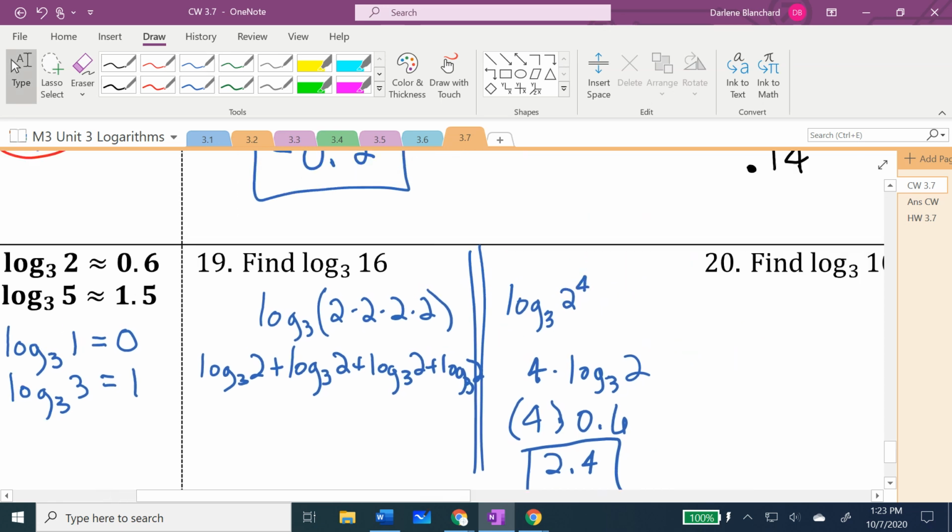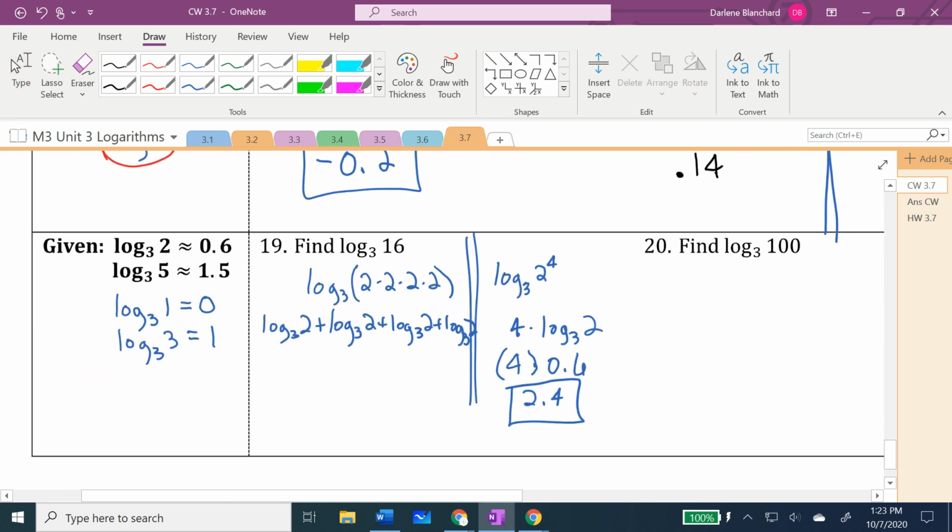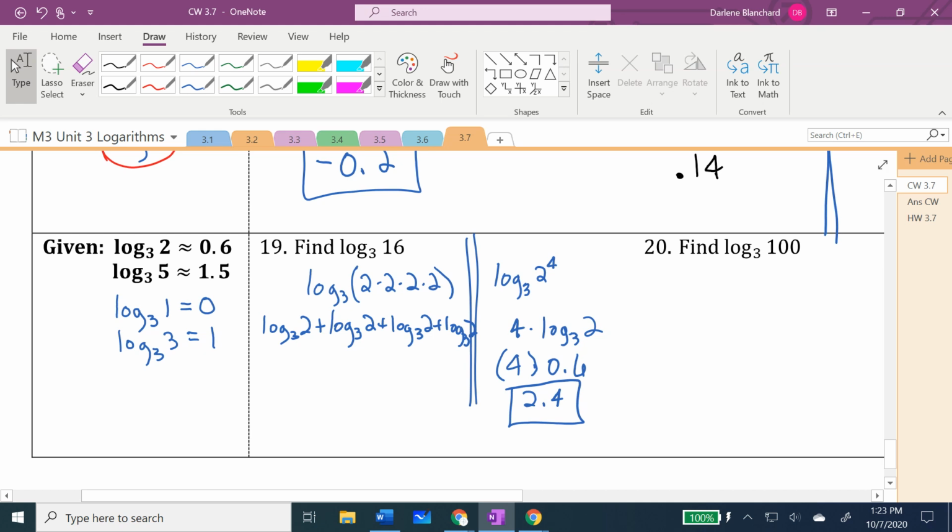And then, what about the next one? We've got 100. Can I break 100 up into 2s and 5s?